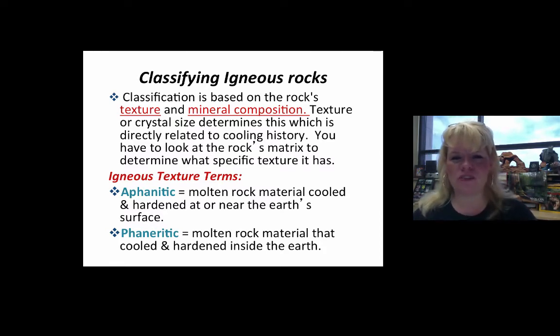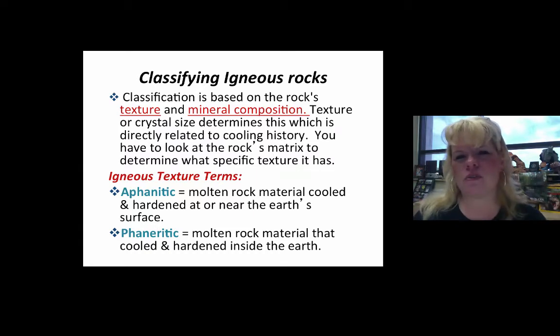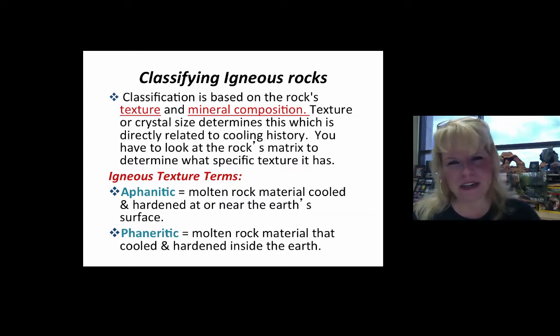For crystals to get interlocking like this, they must have been growing over a long stretch of time, literally millions of years probably. Aphanitic, I always remember A for after the eruption. You're going to have a little bitty amount of time for crystals to grow against each other, so the crystalline structure is very tiny, if noticeable at all, without a microscope. And so we would call that aphanitic texture.